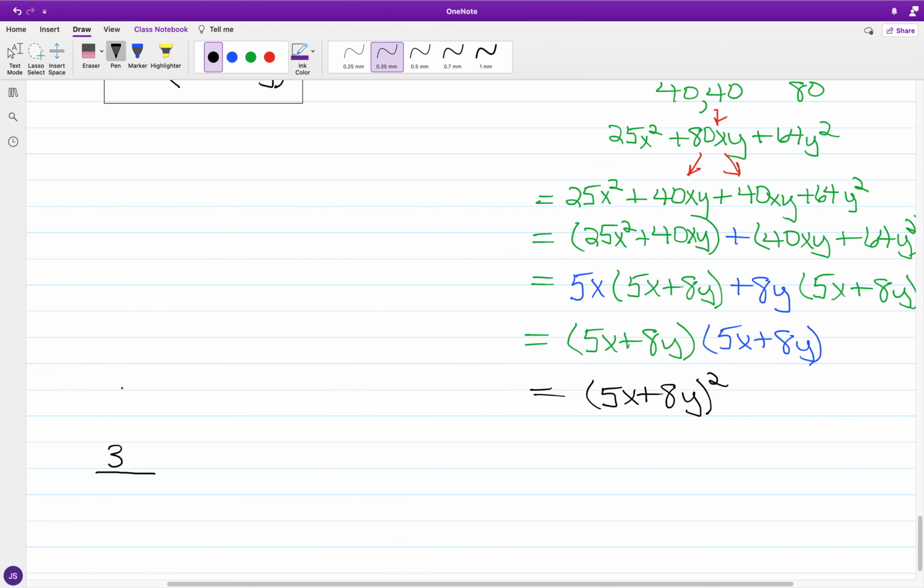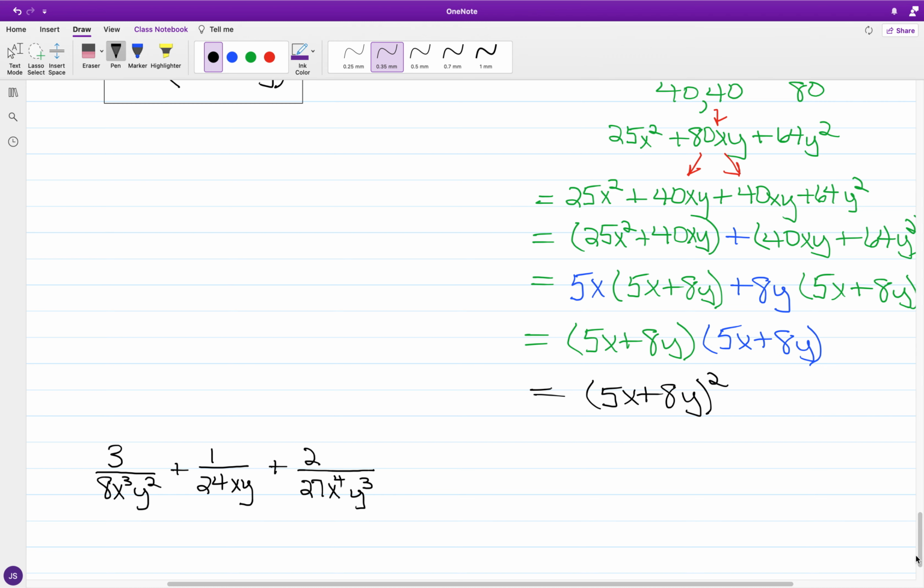If I have 3 over 8x cubed y to the second, plus 1 over 24xy and a half, plus 2 over 27x to the fourth y to the third.